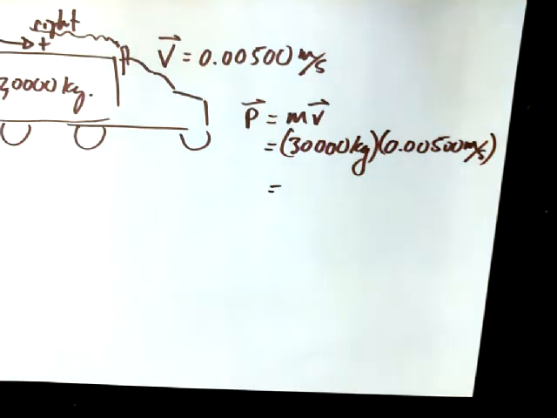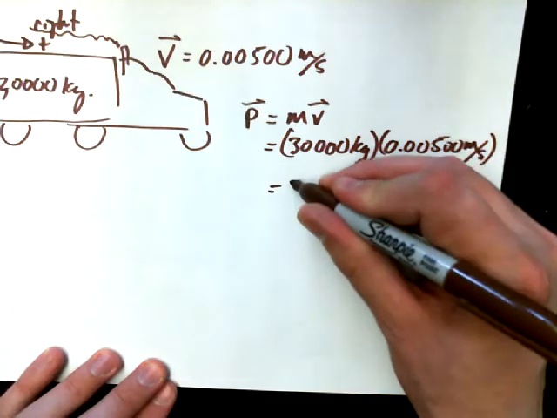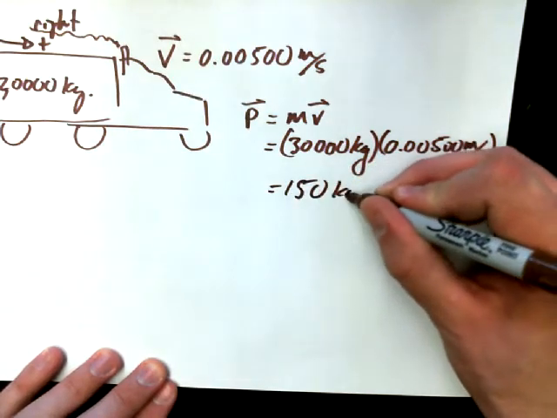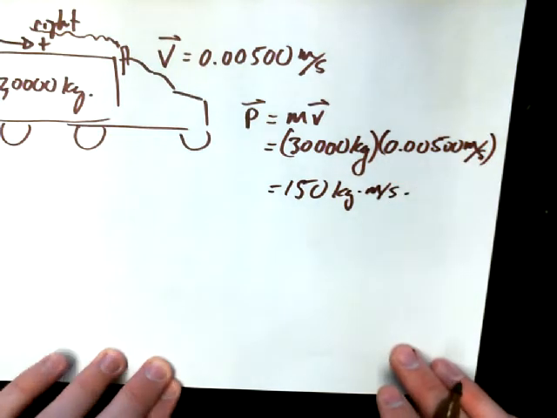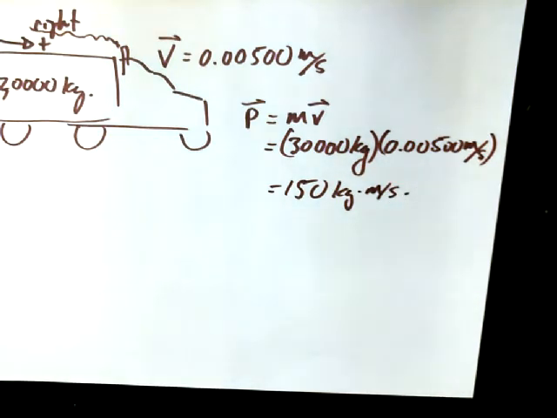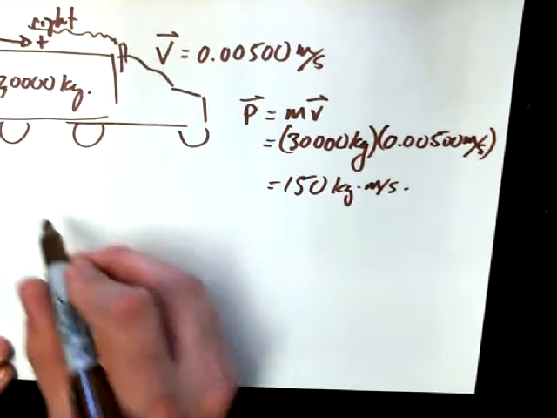And you'll find if you take 30,000 kilograms and multiply it by 0.005 meters per second, 150? Yep. Okay. 150 kilogram meters per second. Or you could say 1.50 times 10 to the power of 2, but I'm going to leave it at 150.